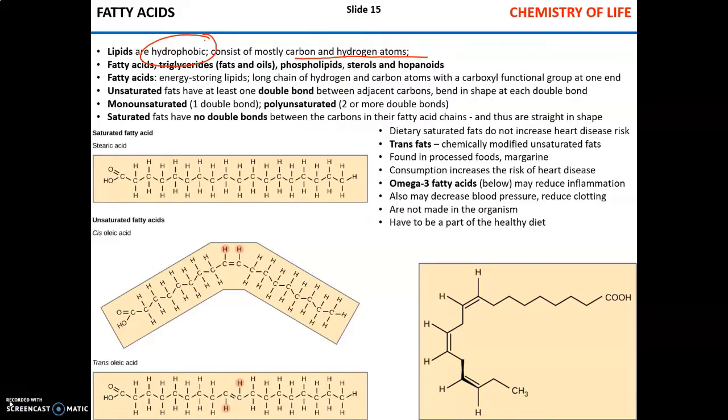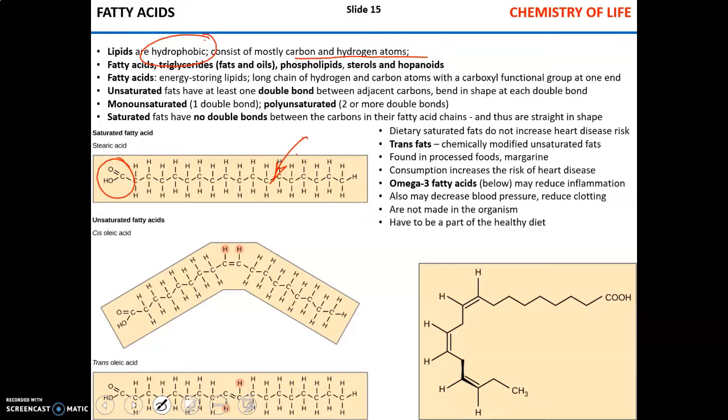The first lipid molecule that we're going to be talking about are fatty acids, which are essentially long chains of carbons with attached hydrogens, with the carboxyl functional group at the end.